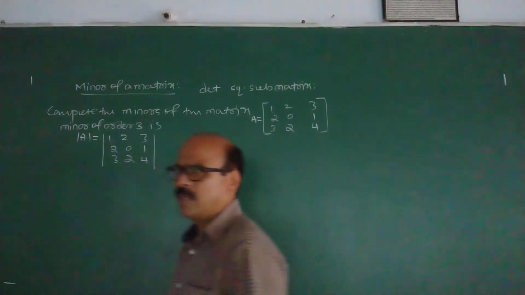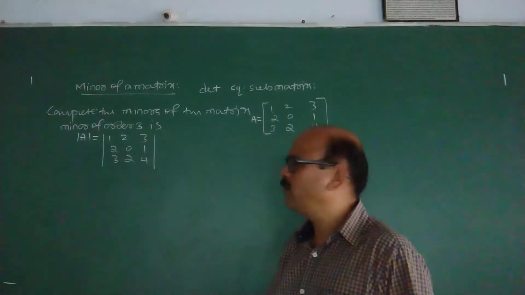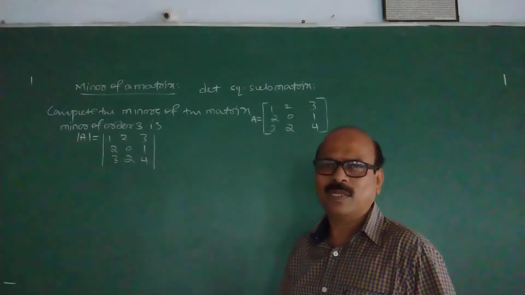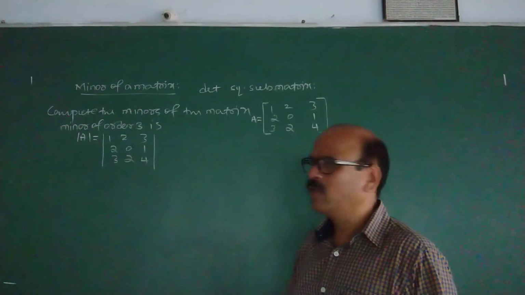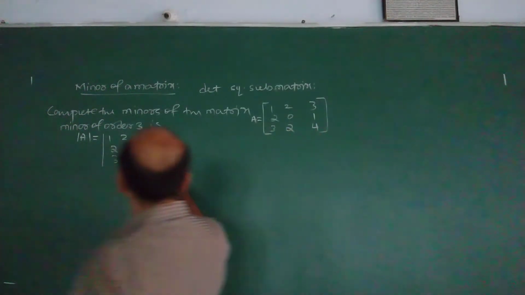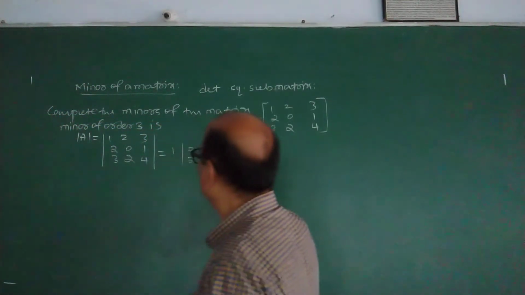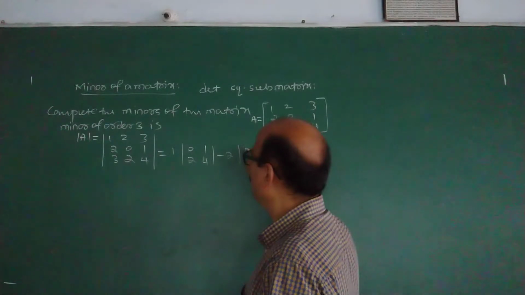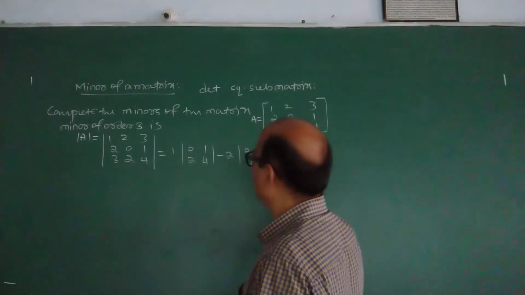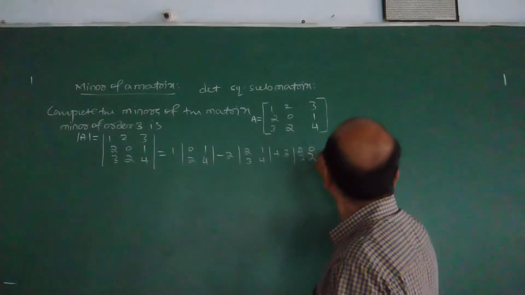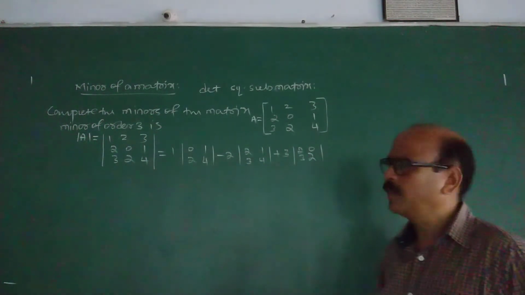Calculate this. I think you can even calculate the value of this faster than me. You try this, calculate. How do you expand this? 1 into determinant 0 1, 2 4, minus 2 into determinant 2 1, 3 4, plus 3 into determinant 2 0, 3 2. Am I correct here?